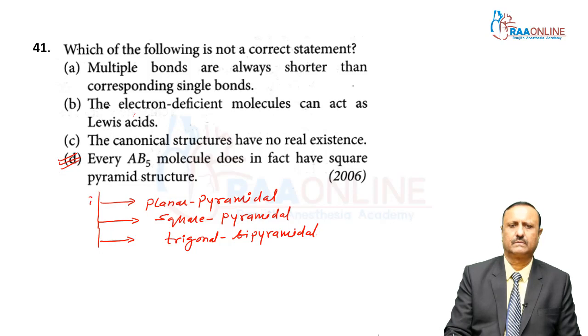So 1, 2 and 3. These three structures are present in AB5 molecules.